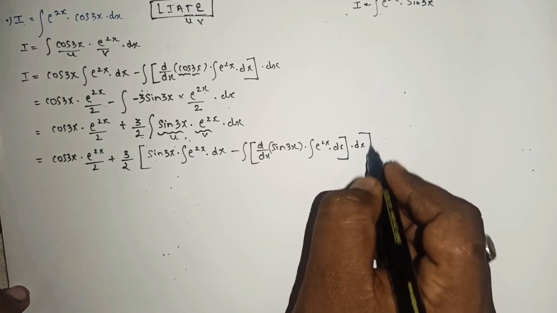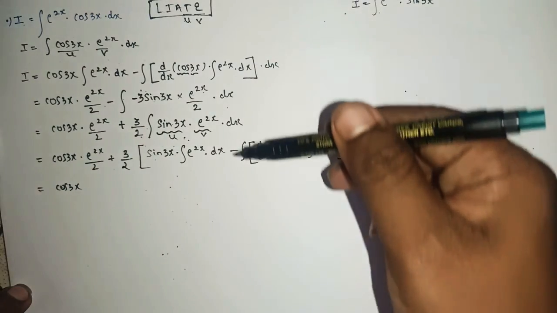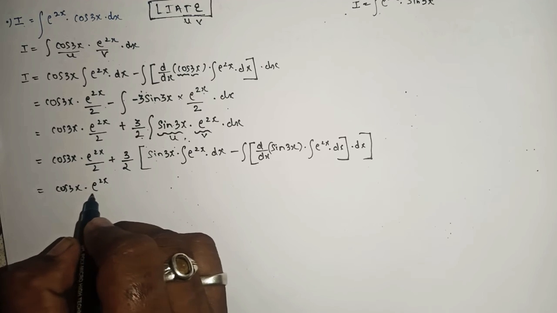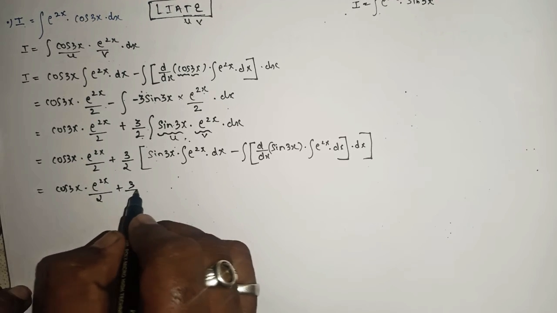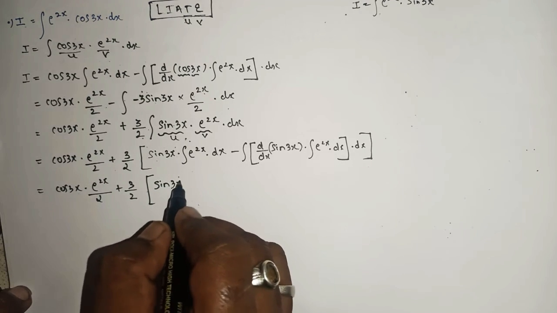This dx closed. Yes or no? So cos 3, I hope you all understood the sum till here. Okay. E raised to 2x upon 2 plus 3 upon 2. So the sine 3x will be same.